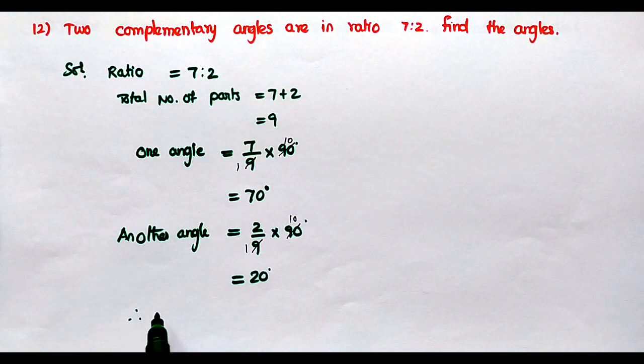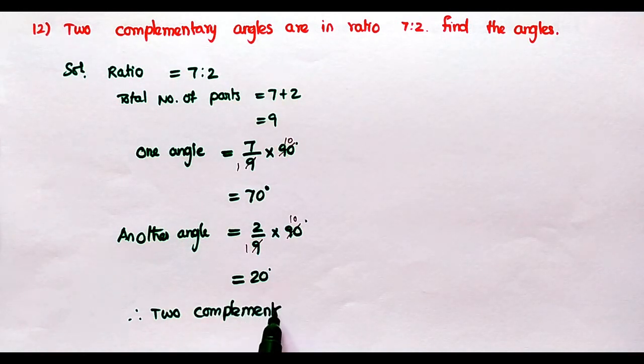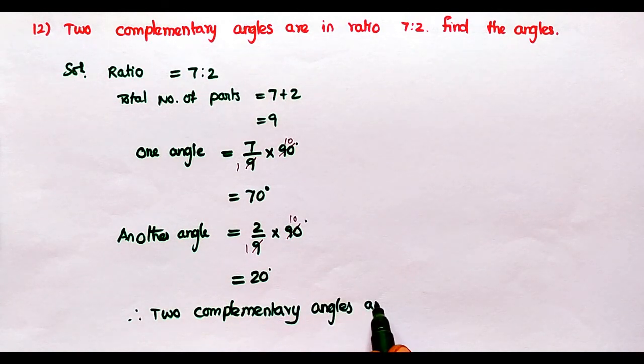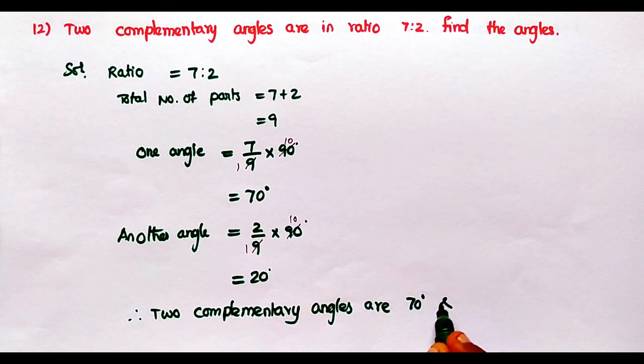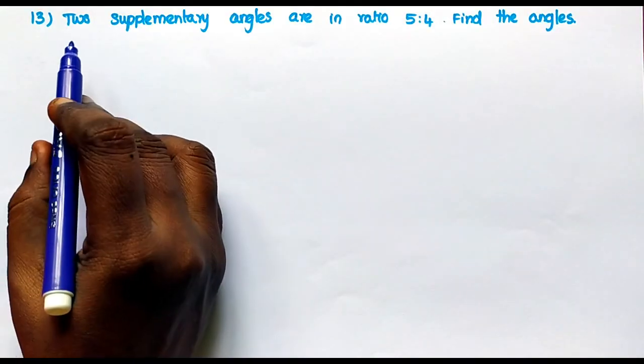Therefore, two complementary angles are 70 degree and 20 degree. That is complementary, now 70 plus 20, 90. So it is complementary angles. That is the answer. 13th sum.